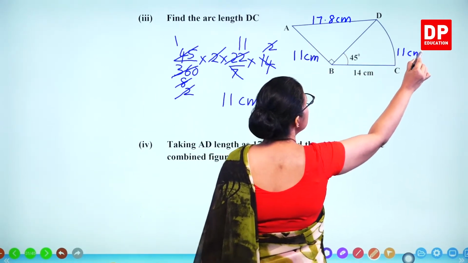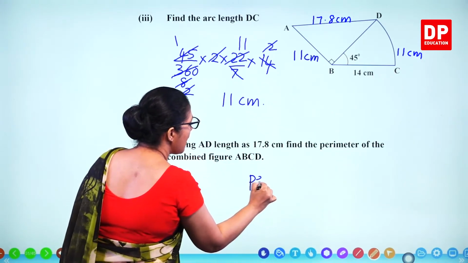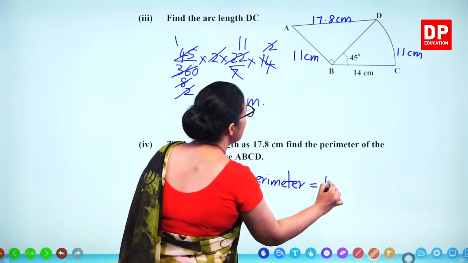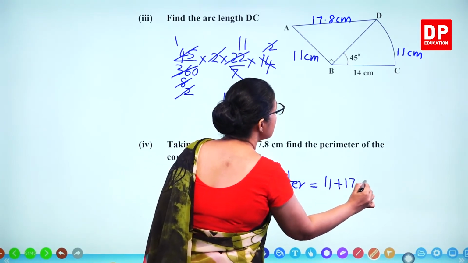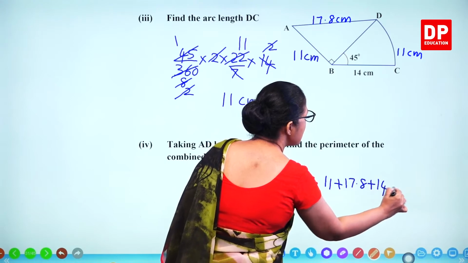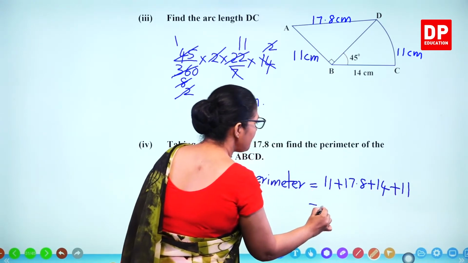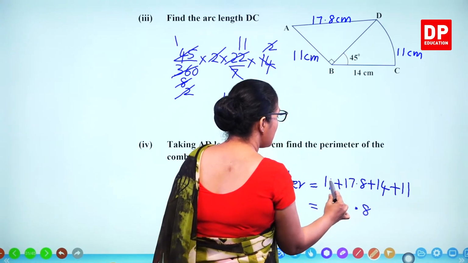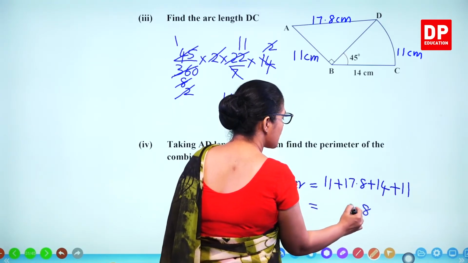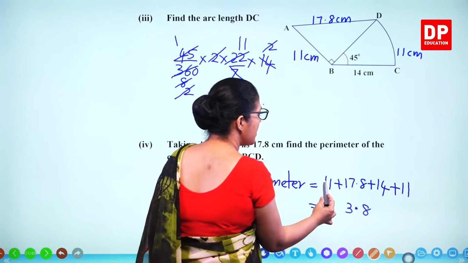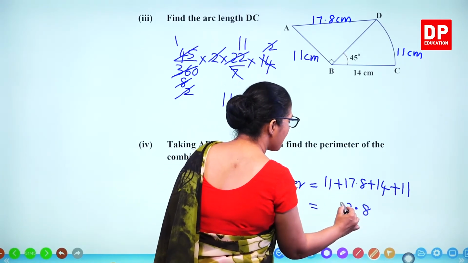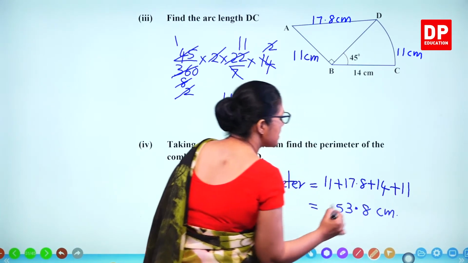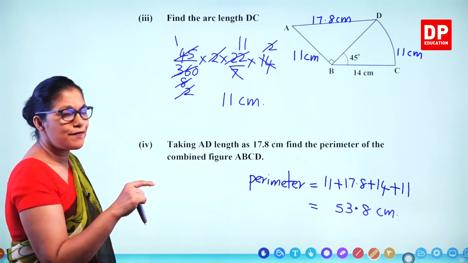So what's the perimeter? Perimeter becomes 11 plus 17.8 plus 14 plus 11. So 0.8 is there. 7, 8, 9 plus 4, 13, 1 remaining, 2, 3, 4, 5. 53.8 centimeters is the perimeter of this figure.